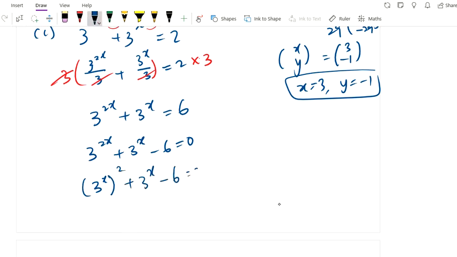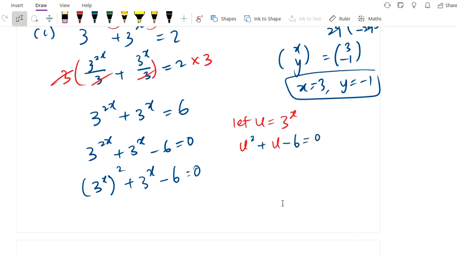Can you see it? This is actually a quadratic equation, isn't it? We just let u equal 3 to the x. So we have 2u squared plus u minus 6 equals 0. Right?